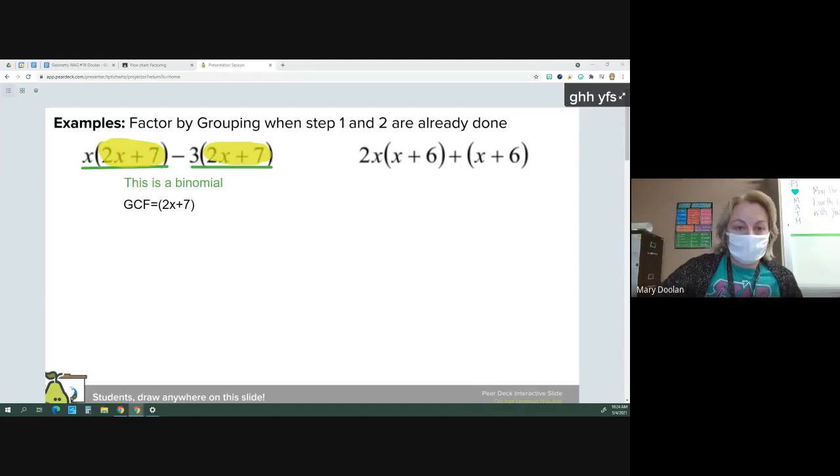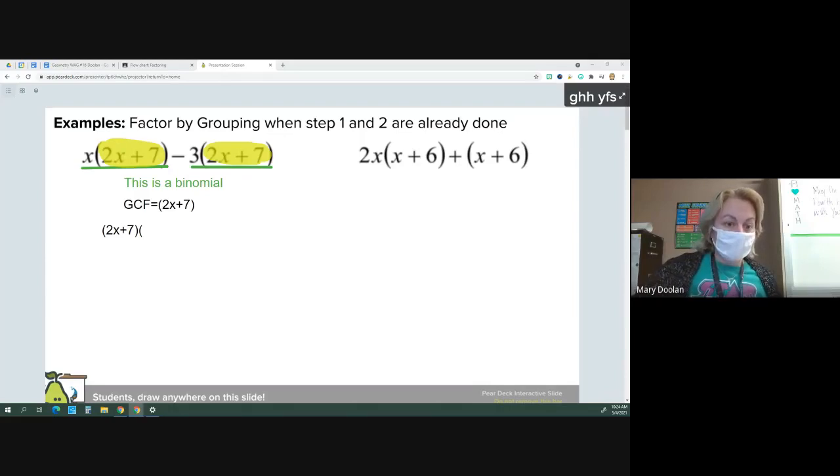Okay, and so like we were before, it's the same basic idea. I'm going to be able to write my factored form with the GCF on the outside. This is a binomial, 2x plus 7. And then what's left over, well, I started with 2 terms, so I'm going to have 2 terms left in the second factor.